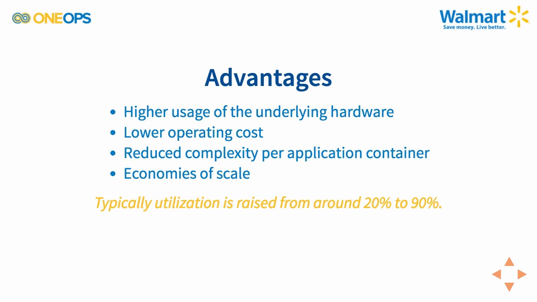And on the other hand, you get really good economies of scale from that usage. Typically, on average, a move to this more cloud-application-suitable infrastructure and configuration means that the utilization of your hardware increases from only about 20% on average to up to 90% and more. And that is a tremendous advantage.